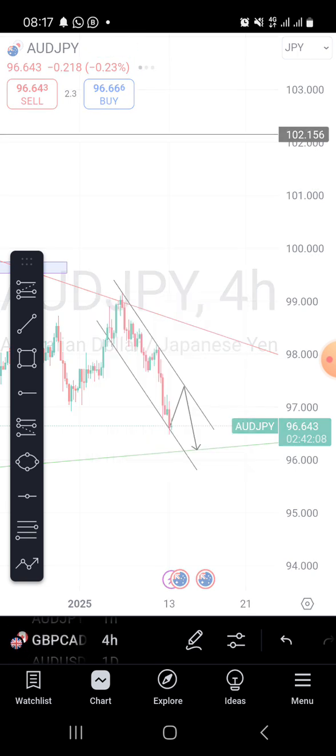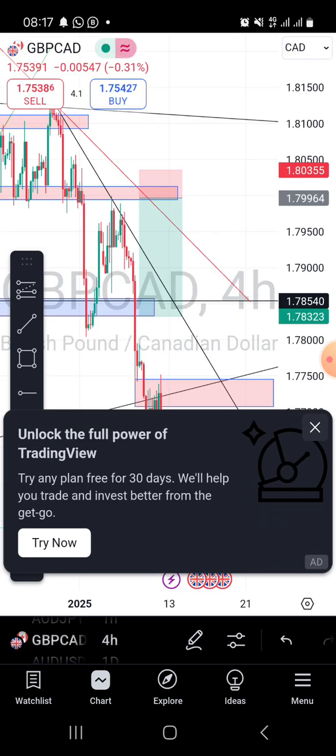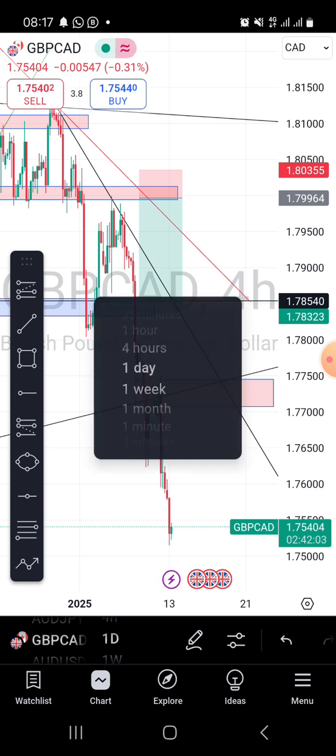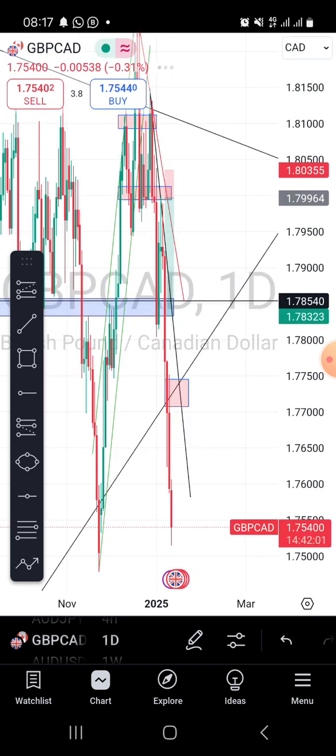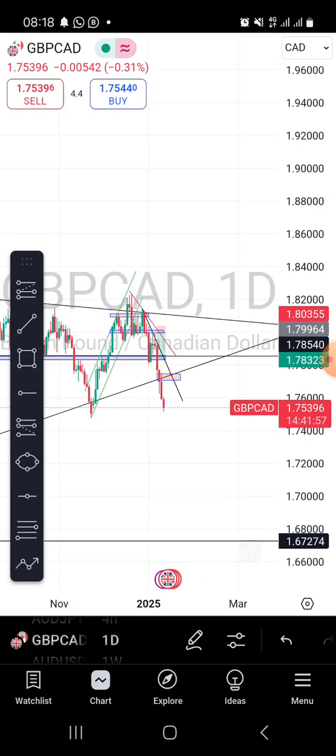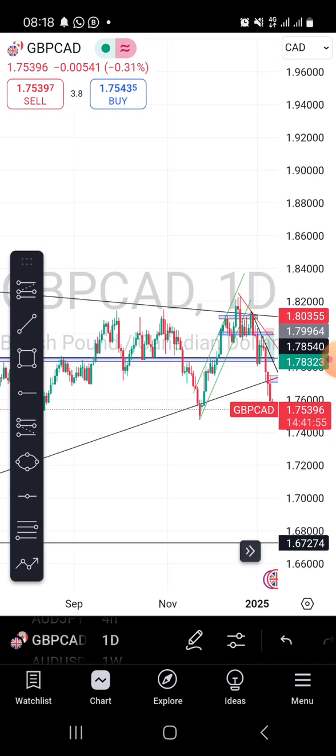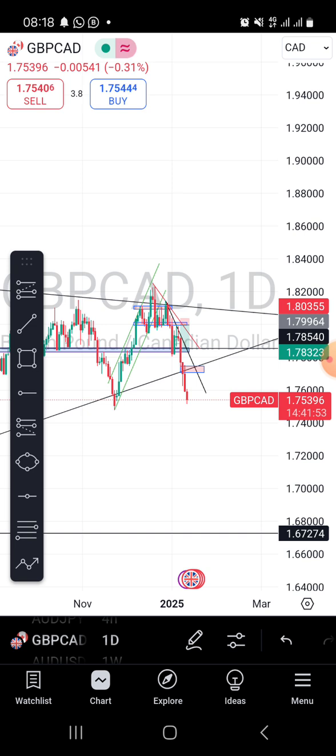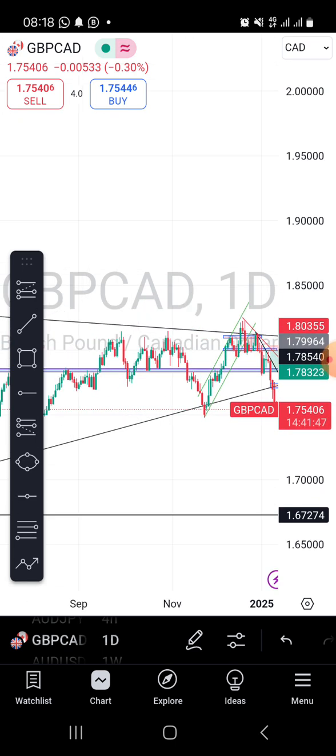Then GBP CAD, the daily. We have a strong movement on GBP CAD.